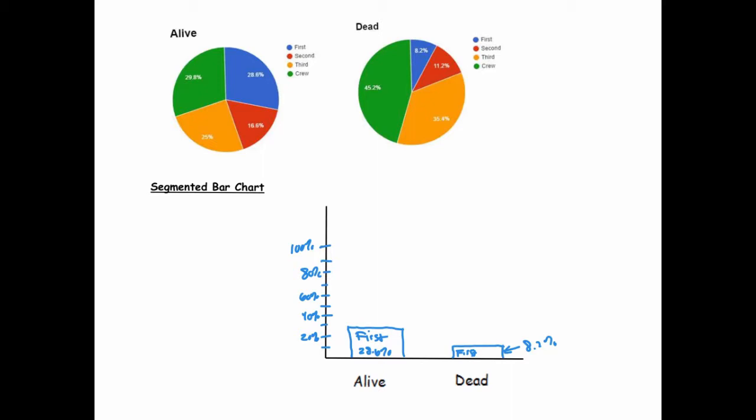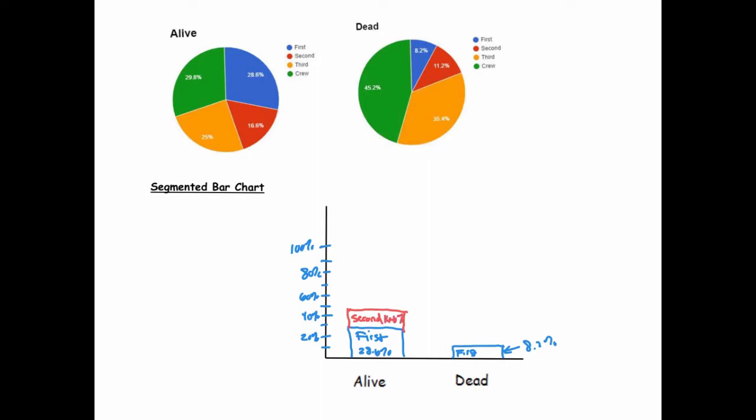So we're going to go up to 45.2. 45.2 is like right here. Okay, so we added the 16.6%. So that's second class, and they make up 16.6.